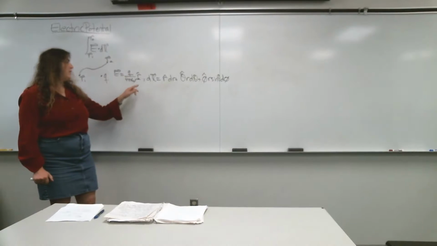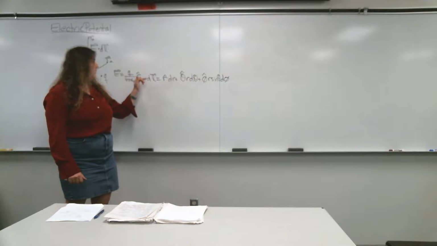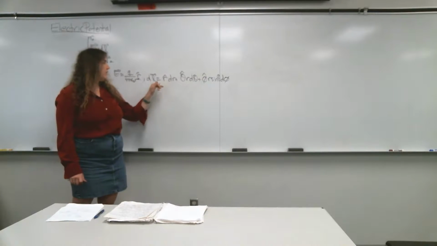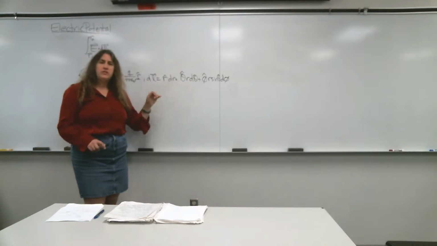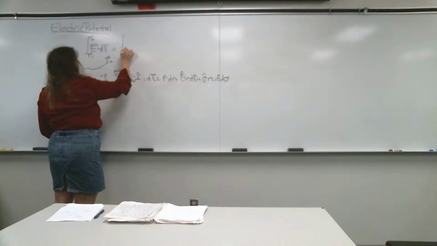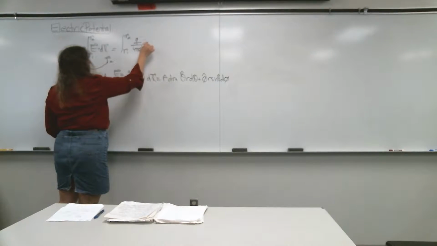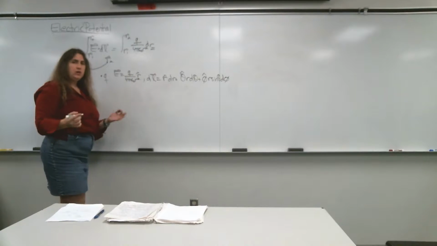However, I'm taking the dot product with the electric field, which only goes as a function radially, and so therefore the only surviving term is going to be the dr term. Okay, do the math.